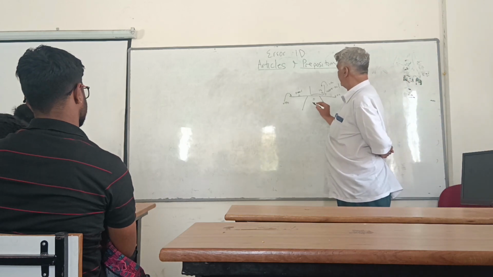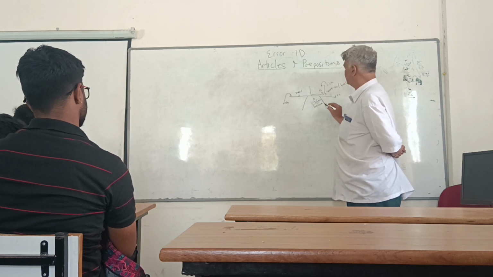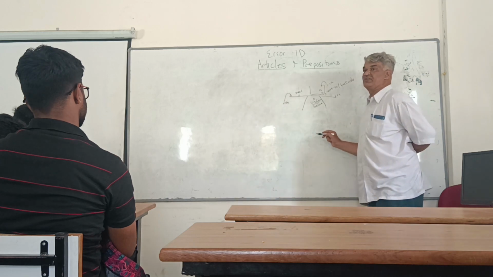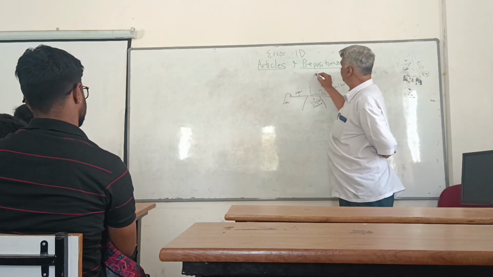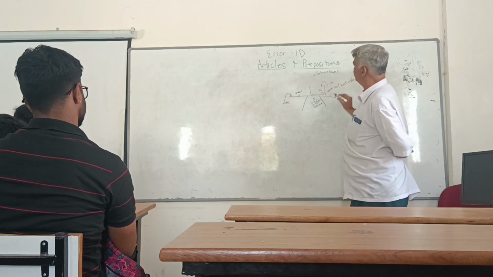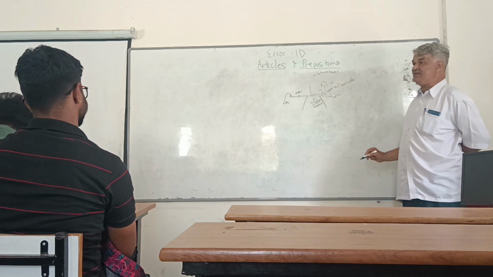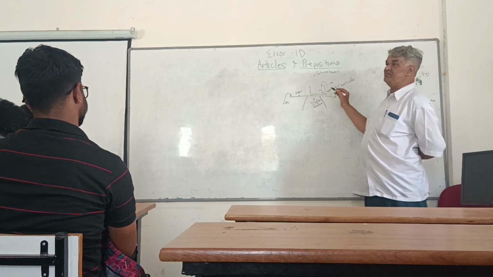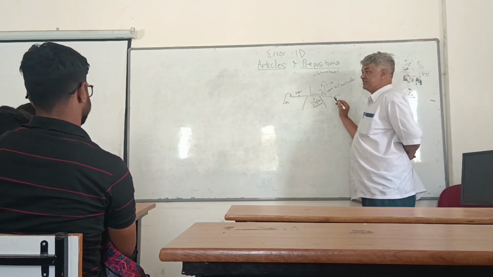Then we say the ball is under or below the table. And we say the ball is above or over the table. So these are the meanings of some common prepositions.